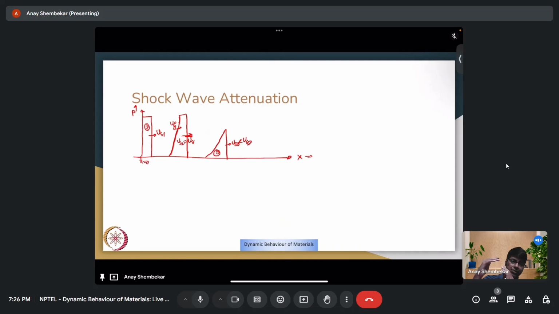So it will eventually catch up with the shock wave components at higher pressure, and then the total peak pressure in the shock wave profile will start decreasing as the release wave catches up from the top. Then another snapshot would look something like this. Here you'll have Us4 further lesser than Us3, right?